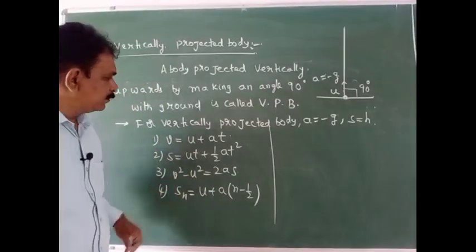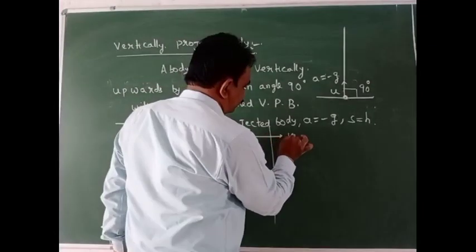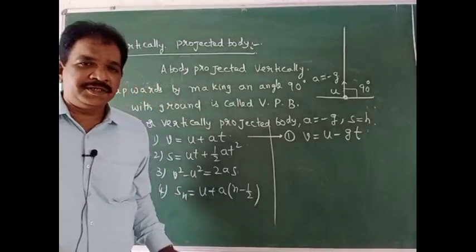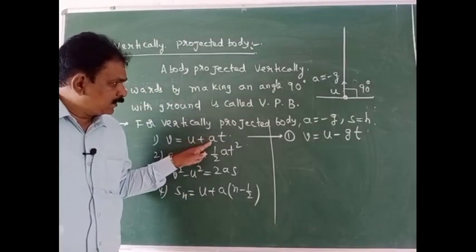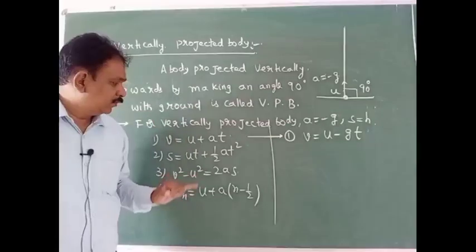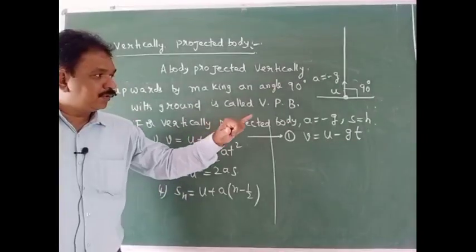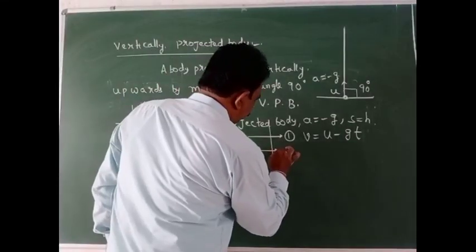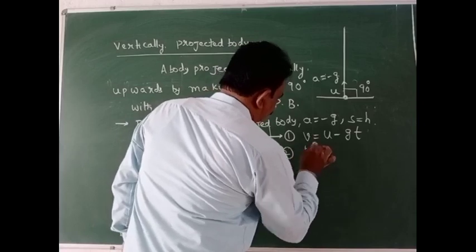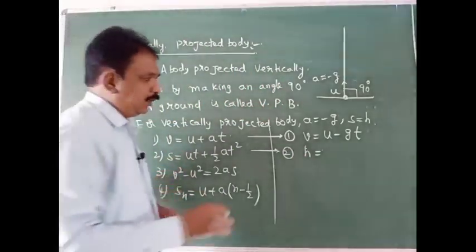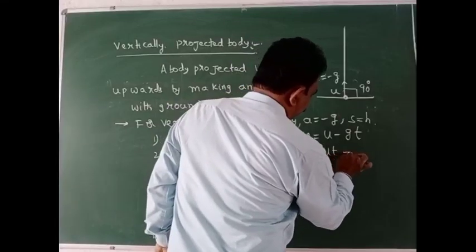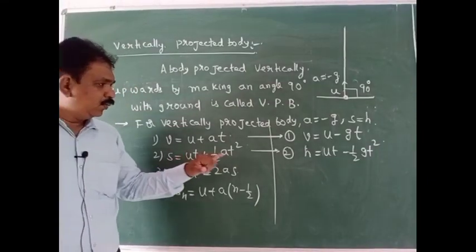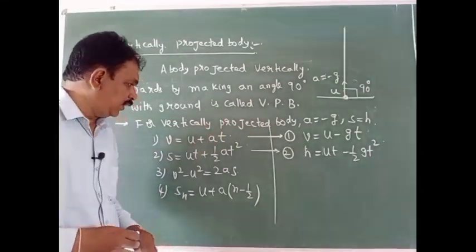Then these equations become like this. V is equal to U minus GT. Understand? In place of A I substituted minus G. Next, second, H is equal to UT, and A is minus G, so UT minus half GT square will come.